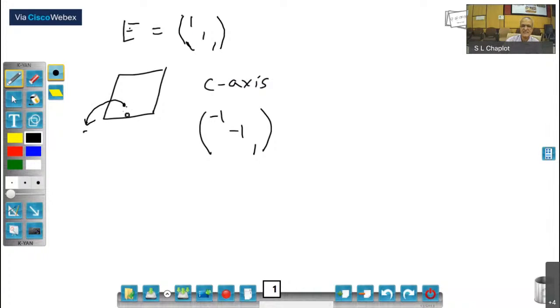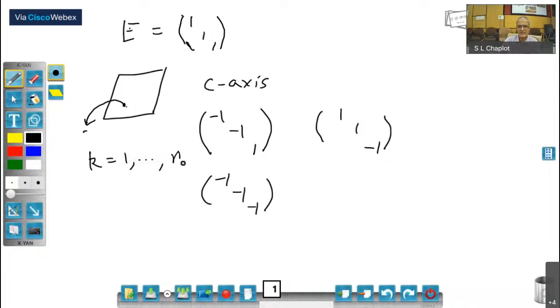Similarly, in this case you also have things like inversion, and the product of these two operations would be a mirror, and so on. The idea is that we have various point group operations inside a unit cell, and the phonon eigenvectors of various atoms. If there are a number of atoms in the crystal, as we said, k equal to 1 to n, let's say there are 4 atoms.